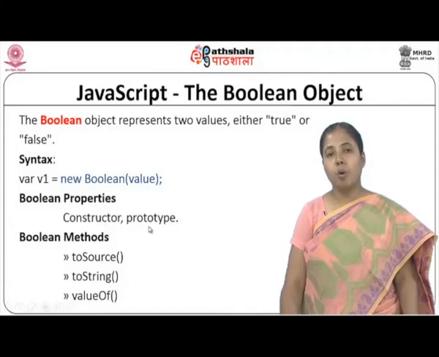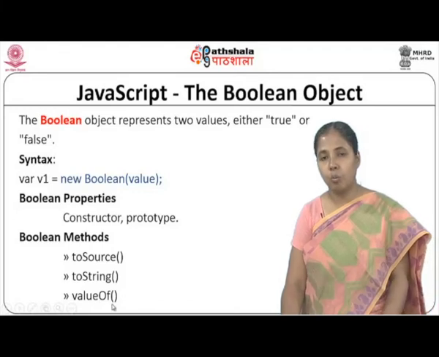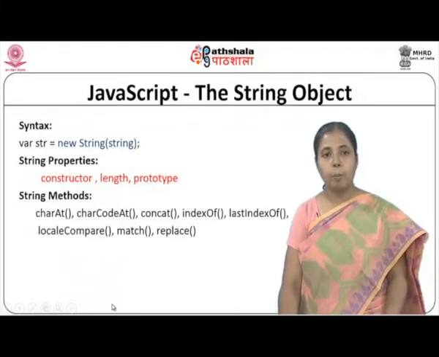And prototype is a property by which you can assign properties or methods to the boolean object you are creating. You can use boolean methods like toSource, and you can convert it to a string, and you can retrieve the value of the boolean object using the valueOf method.